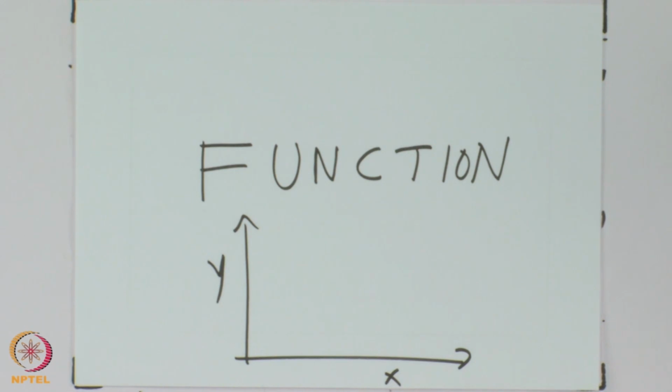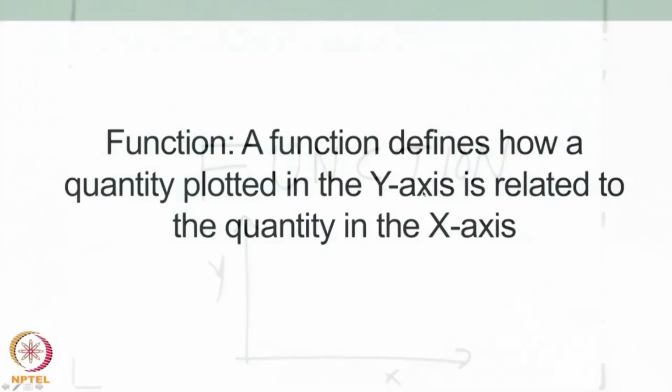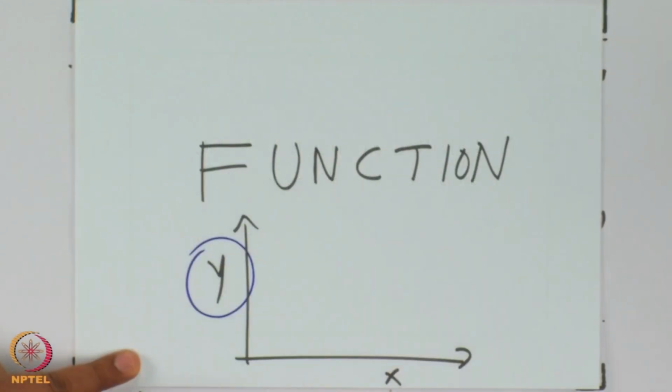But the function is nothing but a relationship between x and y, and what is the simplest function that you can imagine? Think about it. So you have y, you have x, you have the y variable, and you have this x variable.